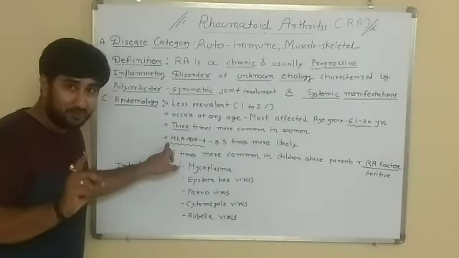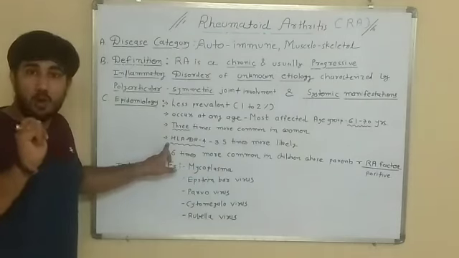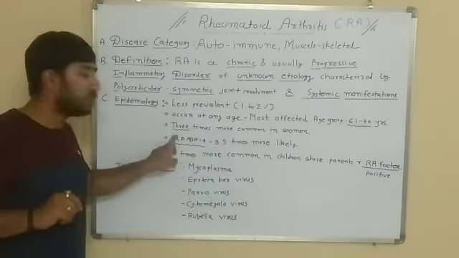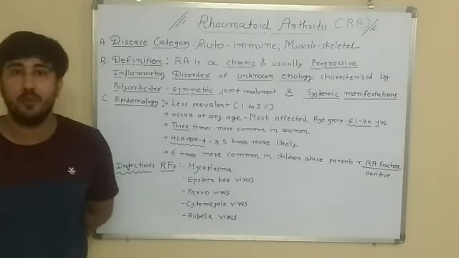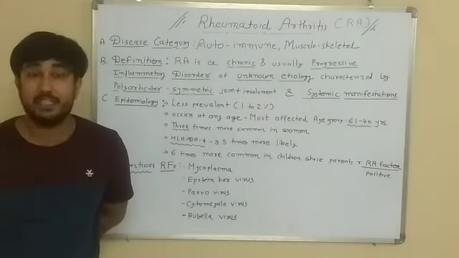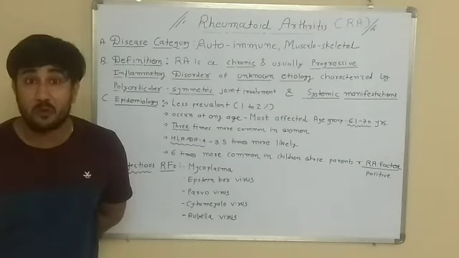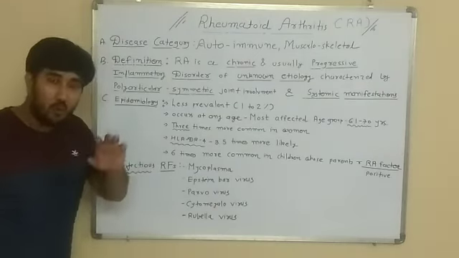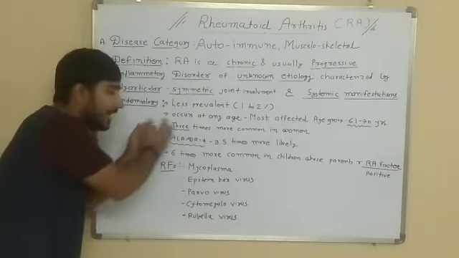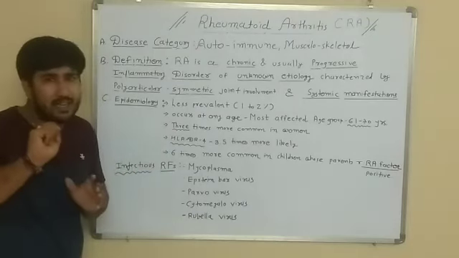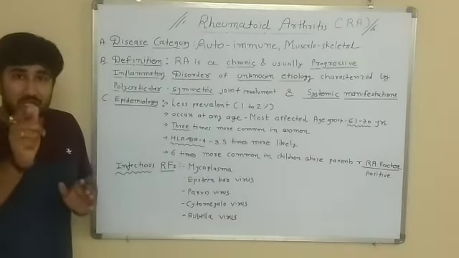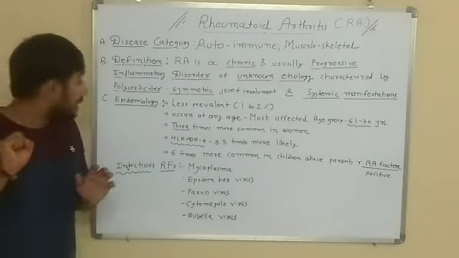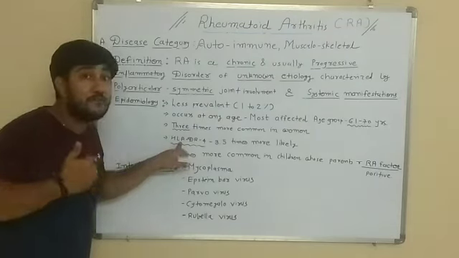Now, very important: whenever we talk about autoimmune disease conditions, most of the time we are talking about HLA. HLA stands for human leukocyte antigen. This antigen is present over the leukocytes, especially the T lymphocytes. But whenever some minor changes occur in the HLA morphology, it takes a different form.